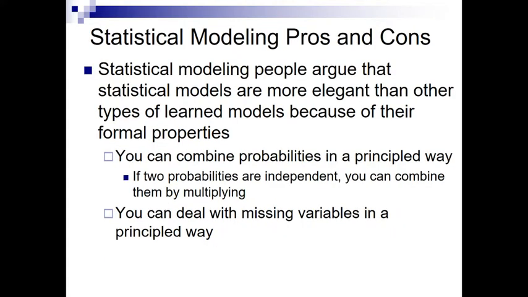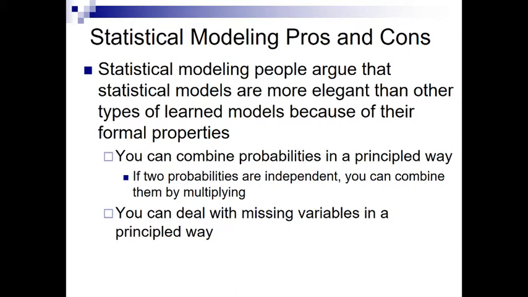So people who are more strongly in favor of statistical modeling usually fall back on the fact that statistical models are more elegant and provably correct. You can combine probabilities in a principled way, and you can also deal with missing variables in a principled way.